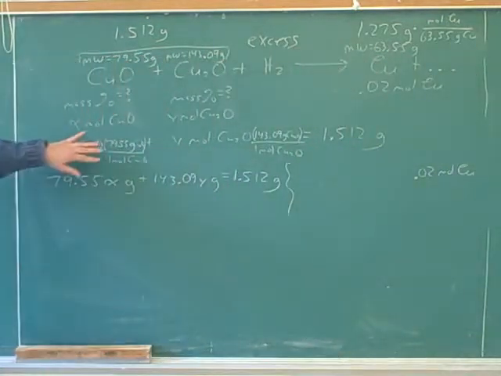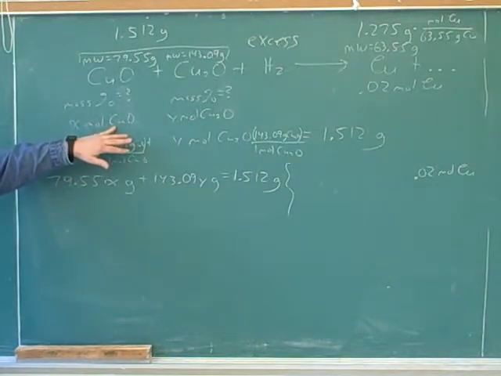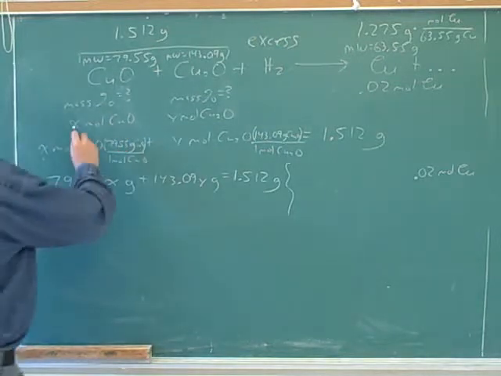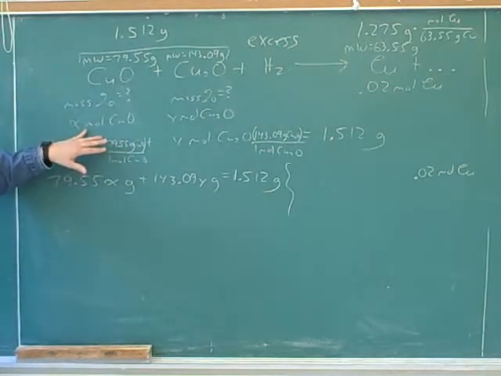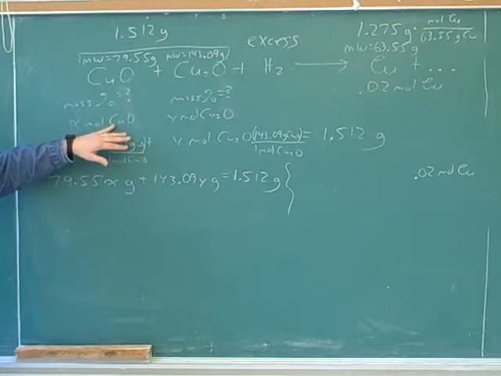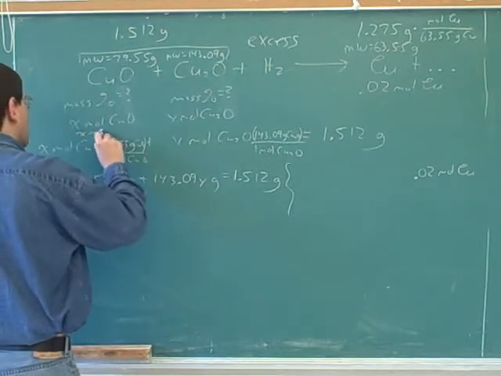So let's see, we know that we started with X moles of copper oxide. So how many moles of copper atoms would that give us? That would give us X moles of copper atoms.